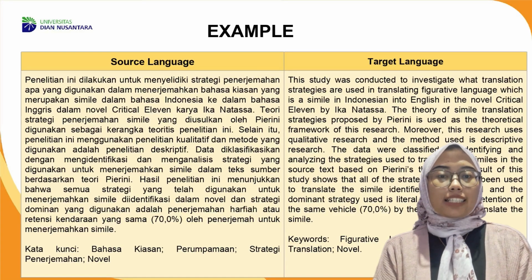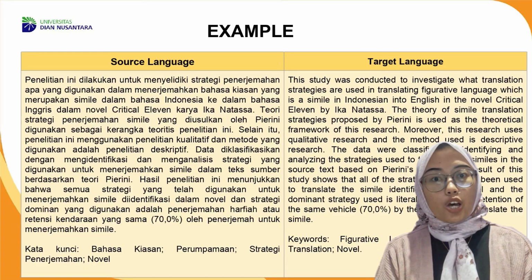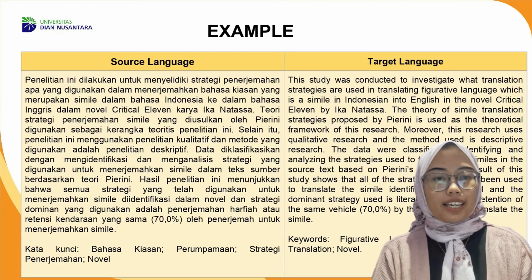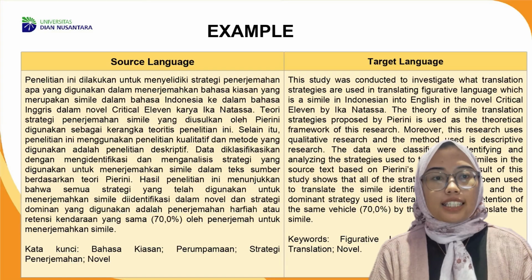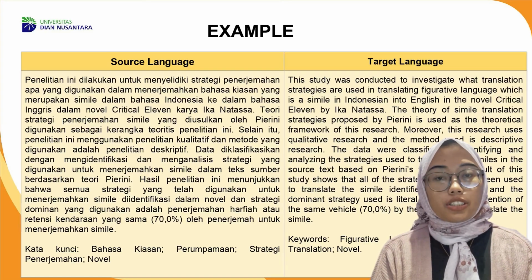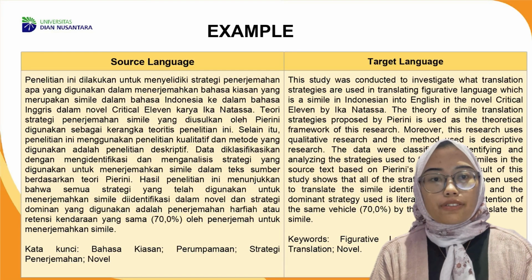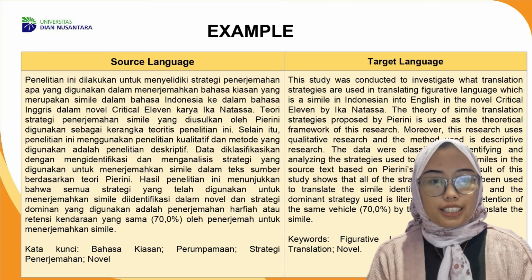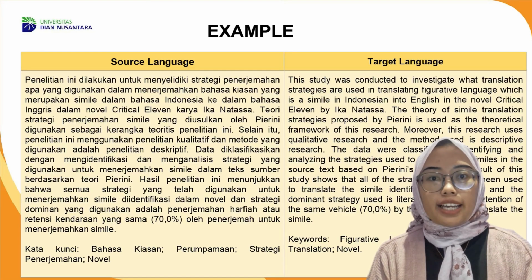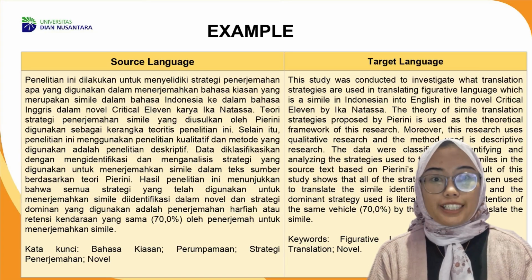Well, in this slide, we have an example of an abstract that we get from an analysis. The title of the analysis is An Analysis of Simile Translation Using Pierini Translation Strategy in Critical 11 Indonesian Novel into English from JIIP, Jurnal Ilmiah Ilmu Pendidikan.